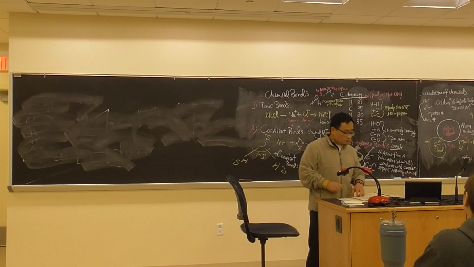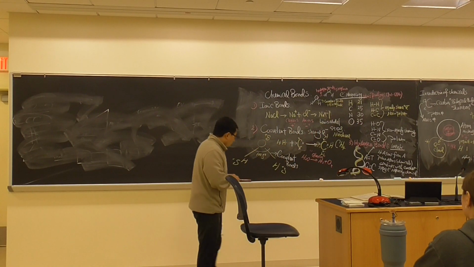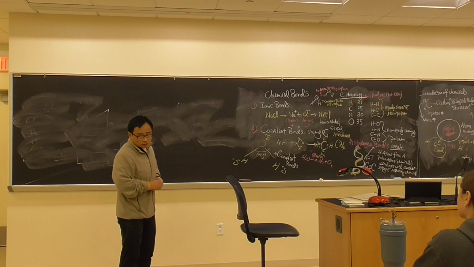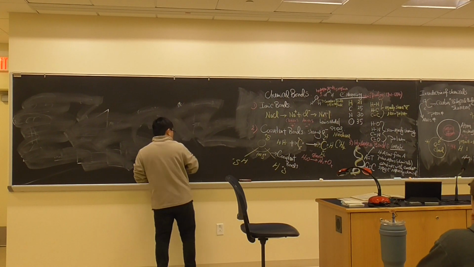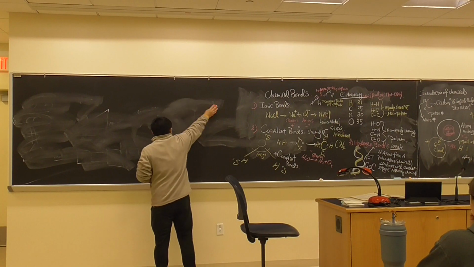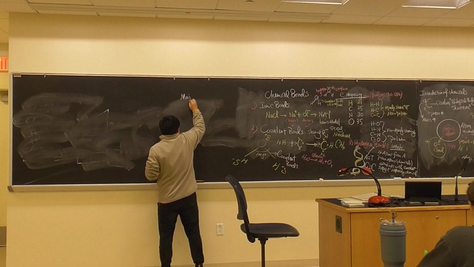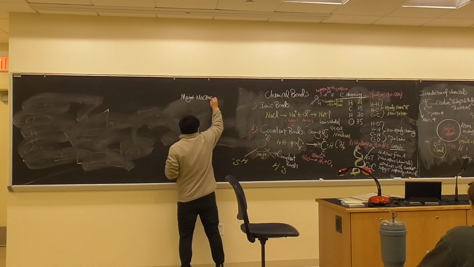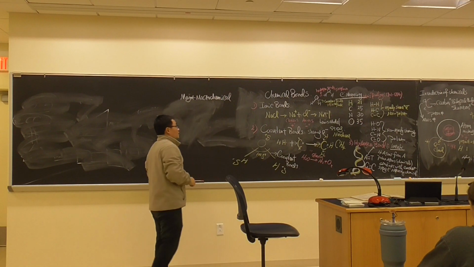So we talked about the syllabus. We talked about this basic knowledge. What will be the major chemicals we'll talk about in this class? The major macro chemicals that will be covered in the class.